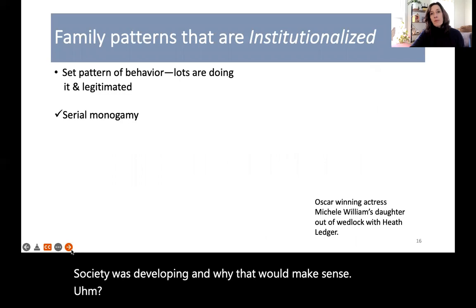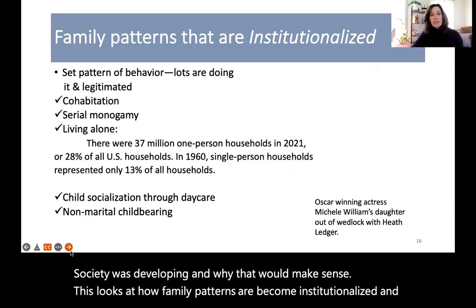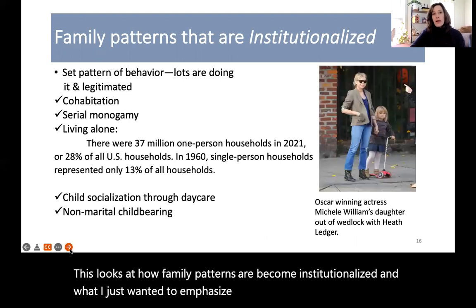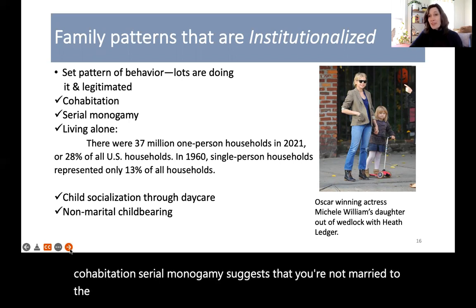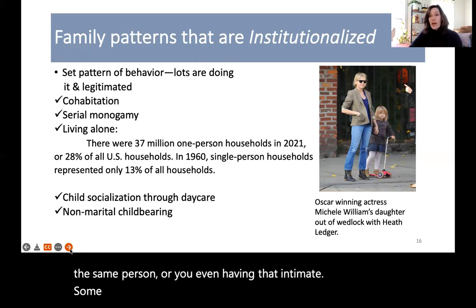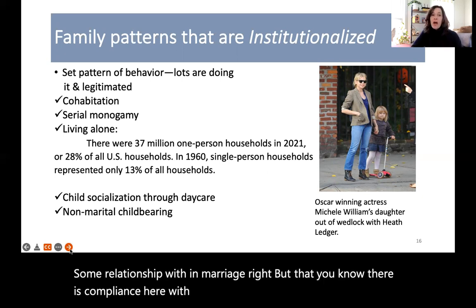This looks at how family patterns become institutionalized. And what I just wanted to emphasize here was that cohabitation and serial monogamy suggest that you're not married to the same person, or you're not having an intimate relationship within marriage, right? But there is compliance here with monogamy, that's a norm.